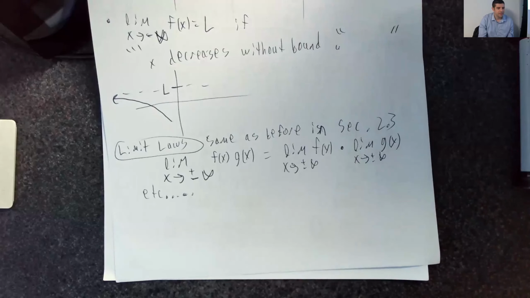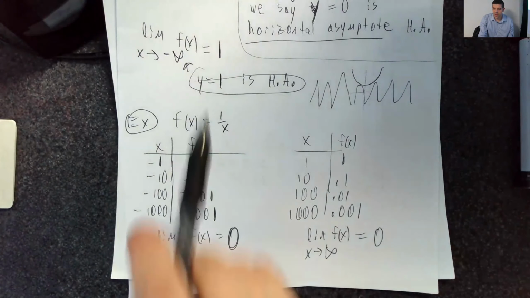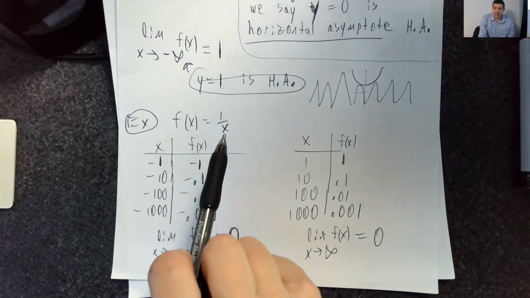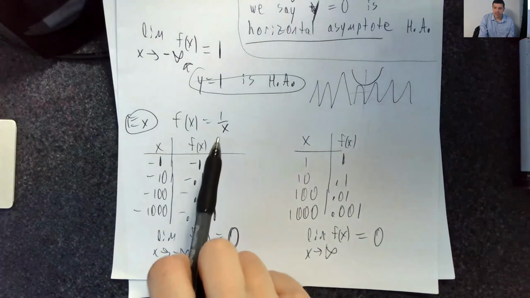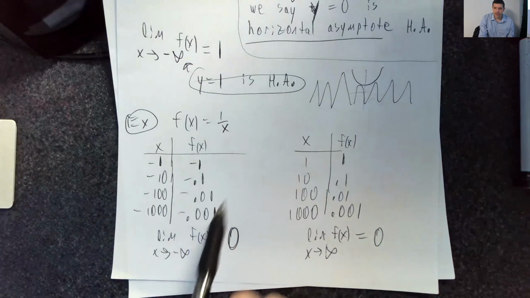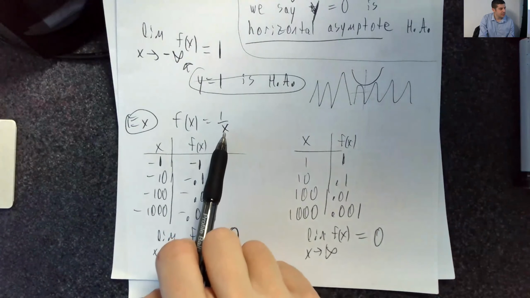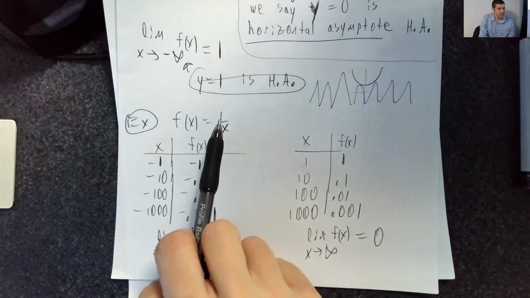Okay. Any questions so far? I'm going to do examples, but these are just the preliminaries. Notice what happened here. I got a zero limit because the denominator is getting way bigger than the numerator.